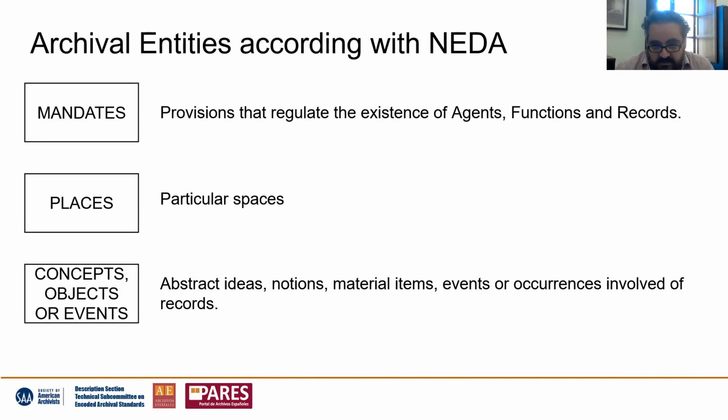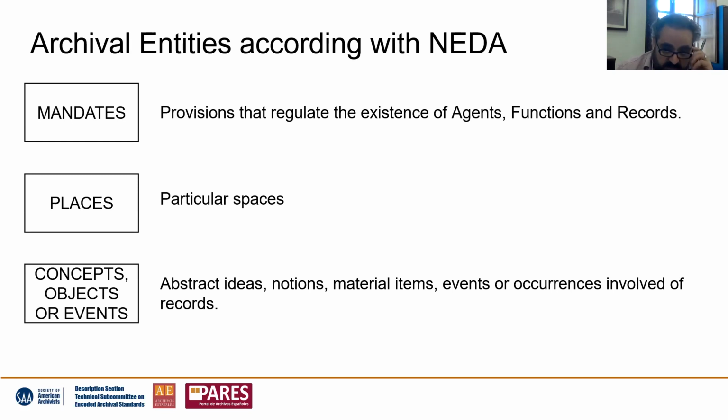The next entity, also considered useful for making a broader context, is places, defined as any type of physical space. And the last entity contemplated in the NEDA standards received the composite name of concept, object, and events. Basically, it includes everything that is not included in the other entities.